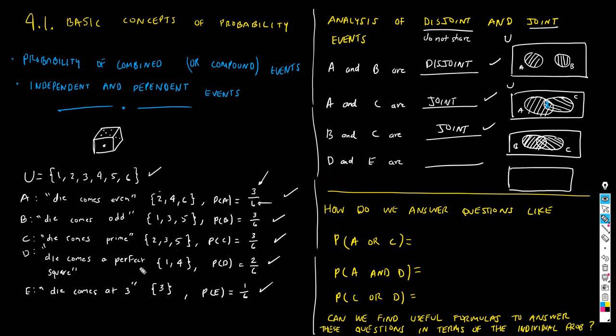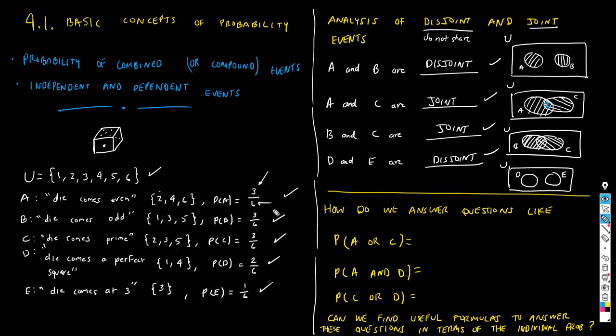Okay, and then D and E. Let's look at D, let's look at E. The individual outcomes, they don't share any outcomes, so they are disjoint. And if I want to represent them in a Venn diagram, they should be apart. They don't overlap. Okay, perfect.